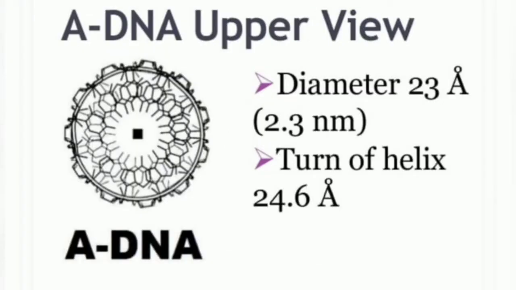The upper view of A-DNA has a diameter of 23 Angstrom, which is 2.3 nanometer, and its turn of helix is 24.6 Angstrom. So basically A-DNA is a right-handed double helix, with base pair 2.4 Angstrom and diameter 23 Angstrom.